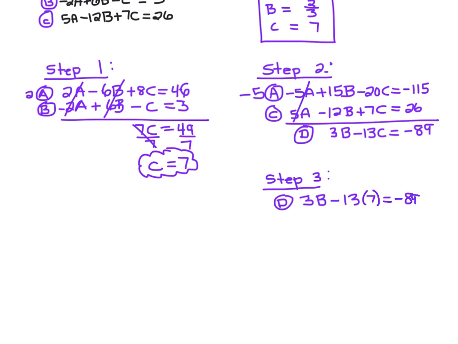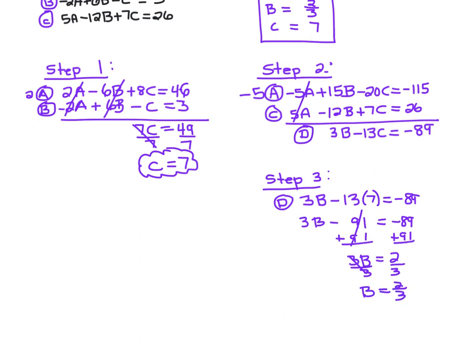All right, so then we have 3b minus 13 times 7 is 91 equals -89. And then we're going to add 91 to both sides of the equation. So we get 3b equals positive 2, and then divide by 3. And we do wind up with b equals 2/3, which I can kind of see at the top of the screen right here, right? Look at that.